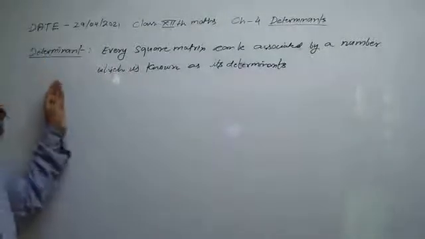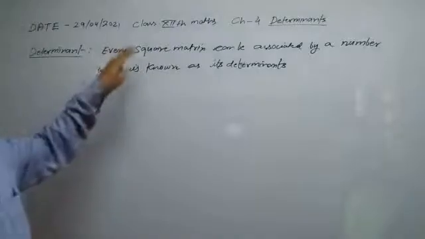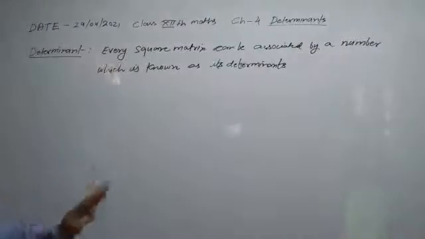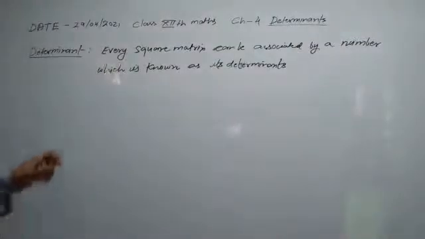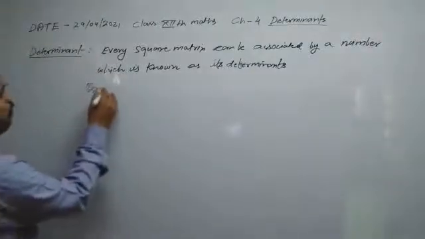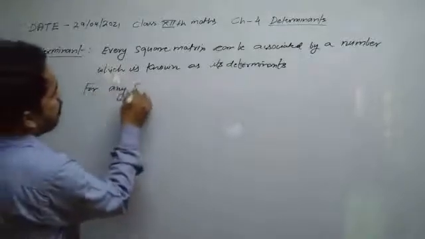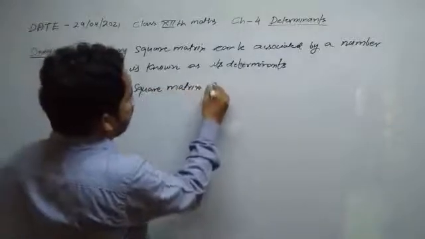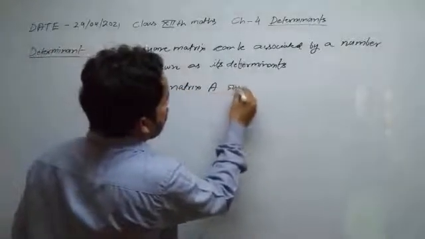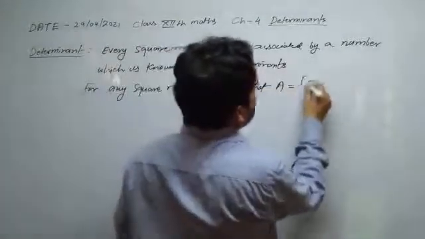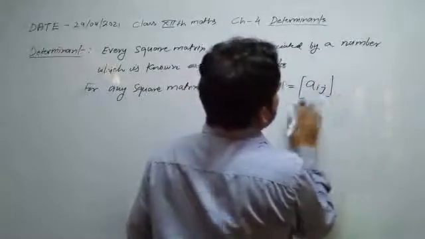So this is the calculation obtained by solving any square matrix. And how is it denoted? Consider any square matrix A such that A is equal to Aij.